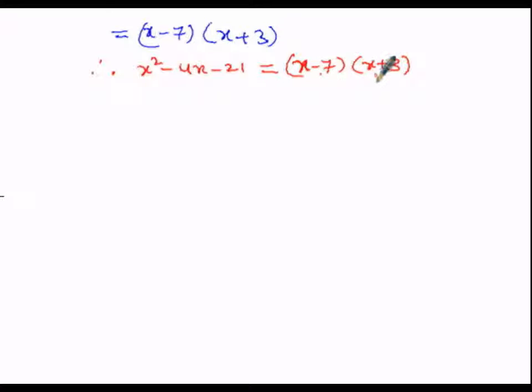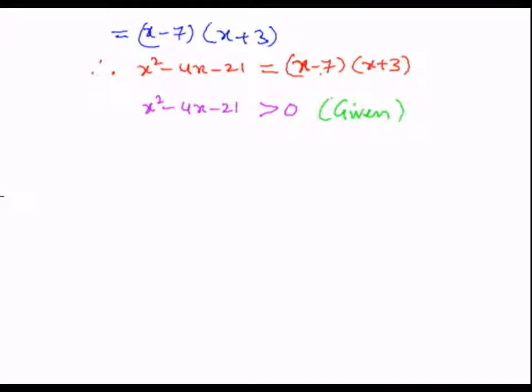So these are the two factors of this particular expression. But the given inequality is x square minus 4x minus 21 is greater than 0, which is the given inequality.